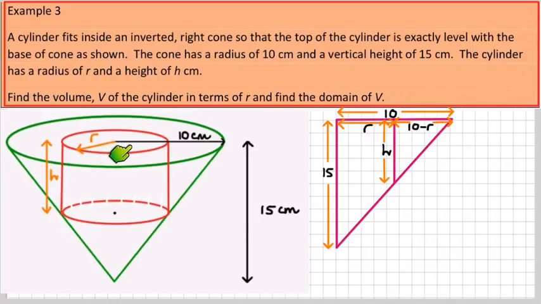See, so I've got to get a connection between r and h if I'm to express the volume V just in terms of r alone. Okay, this is the crux of this question. Alright?